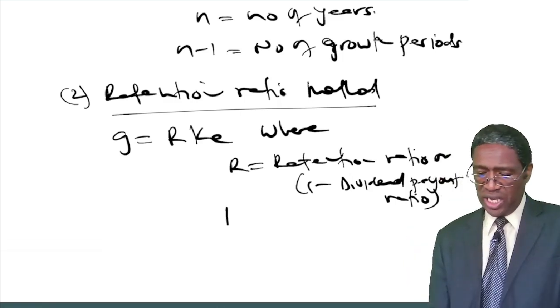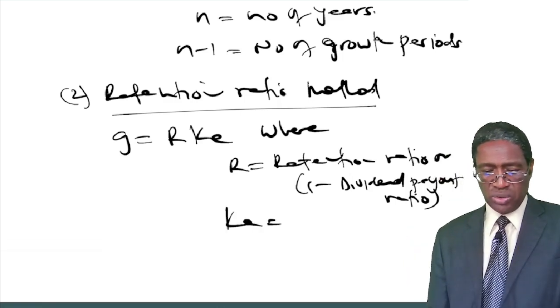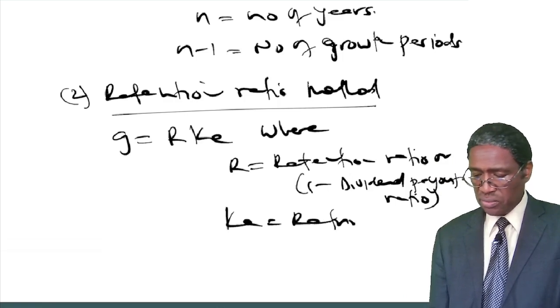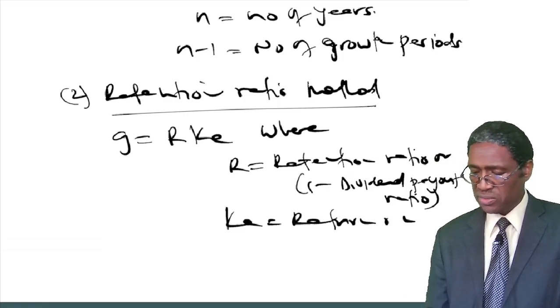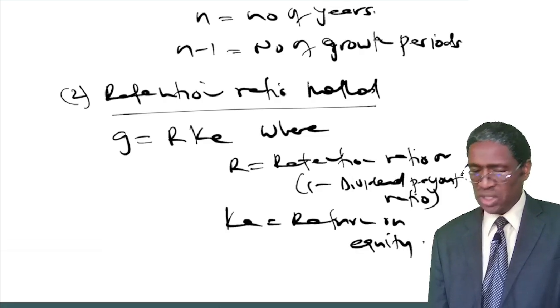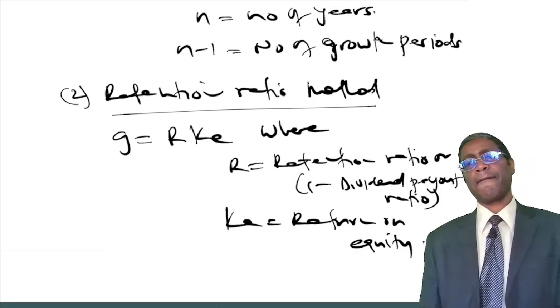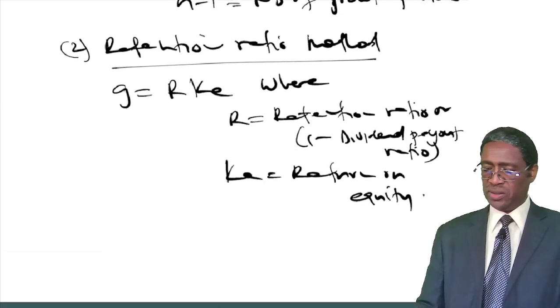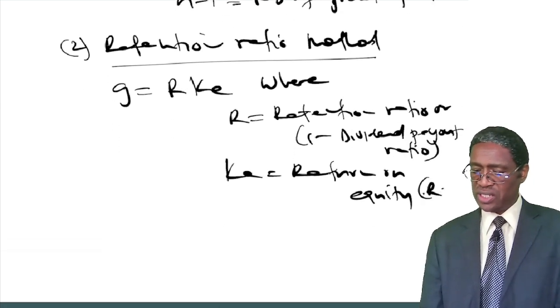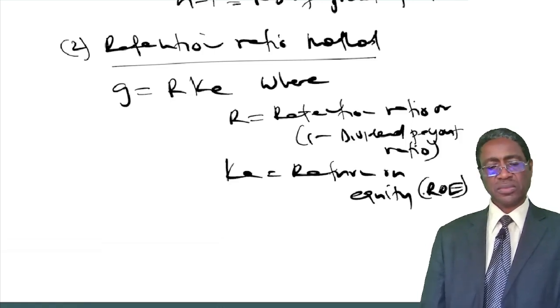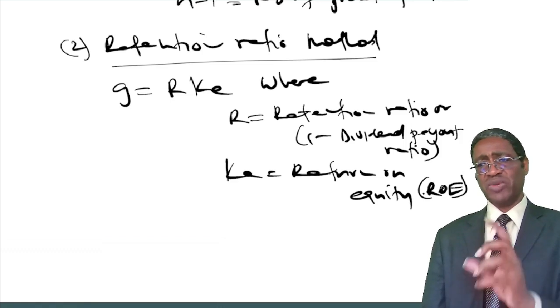Then KE is equal to return on equity, which in short we can write as ROE. So those are the two methods.